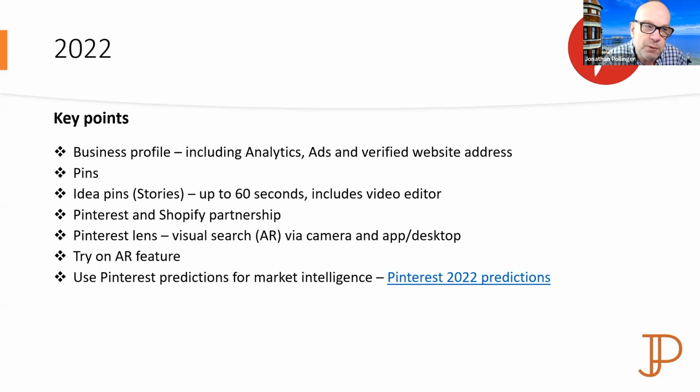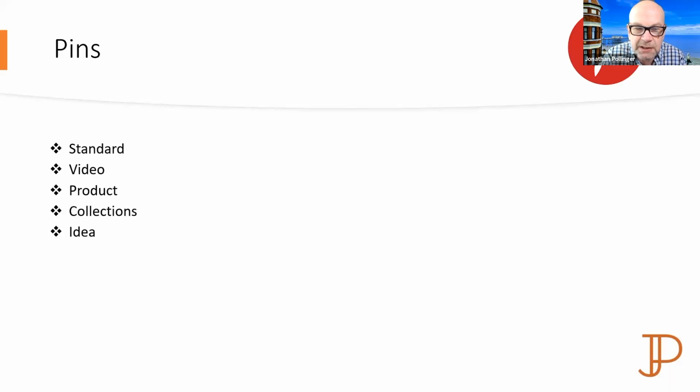To give an example, one thing that they're predicting for this year is rounded edges on furniture. You know, rather than your traditional rectangular sofa, the wraparound sofas with curved edges and stuff. So click on that link when you get the slides and you can see for yourself, or Google the predictions. Quite interesting for market intelligence.